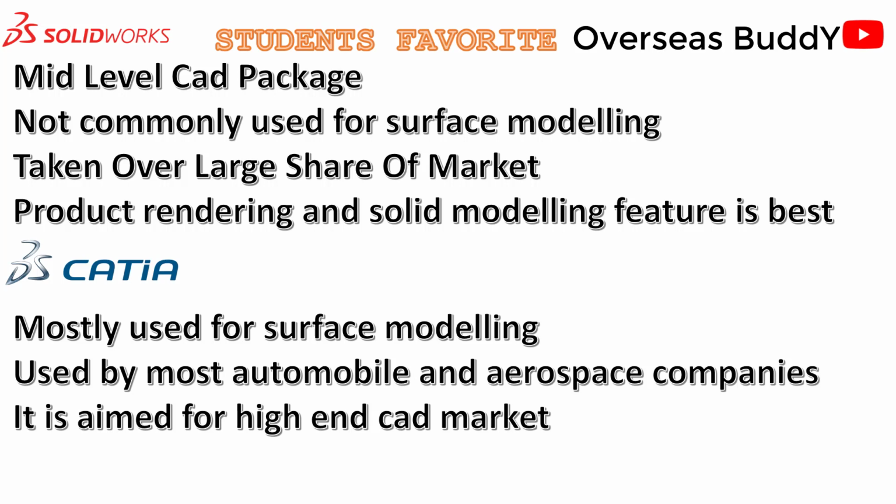Most of the aerospace companies use CATIA for designing their aircraft. It is mostly used for surface modeling and is aimed at the high-end CAD market, while SolidWorks from Dassault Systems is aimed at the mid-level CAD market.